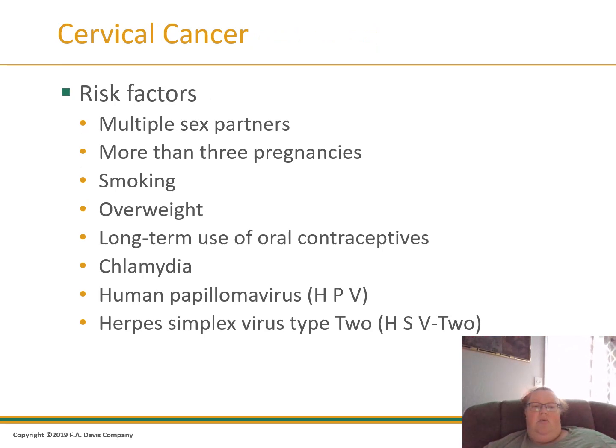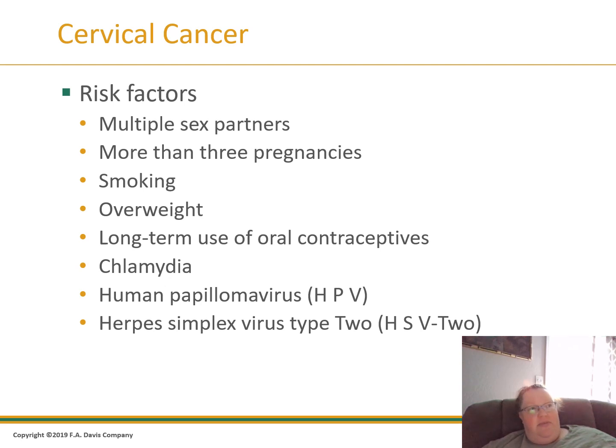All right, so risk factors for cervical cancer include multiple sexual partners. The number one risk for cervical cancer is the same thing we now get a vaccination for, right? HPV. About 90% of cervical cancers are from HPV.